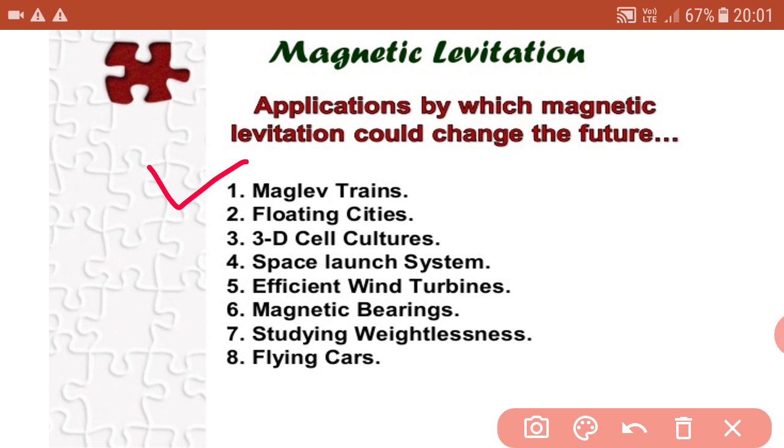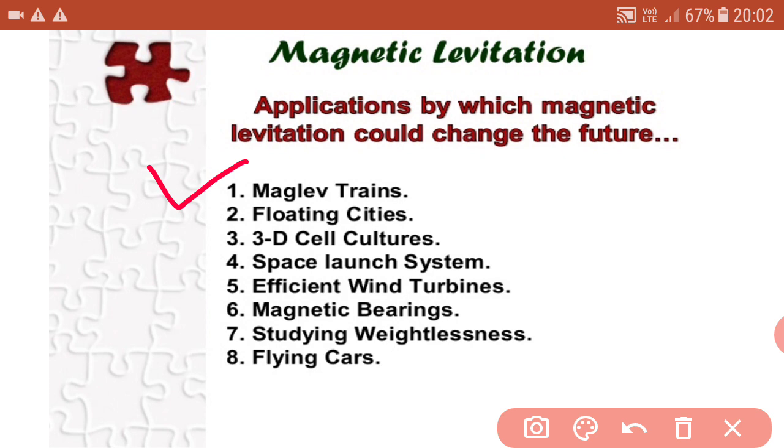Then efficient wind turbines. In normal wind turbines the efficiency is very low, but if we use magnetic levitation, then we can make efficient wind turbines. Then magnetic bearings, so we use this principle in magnetic bearings also.